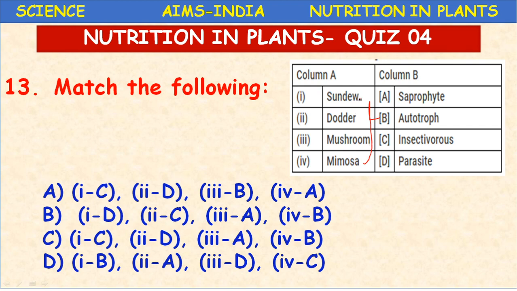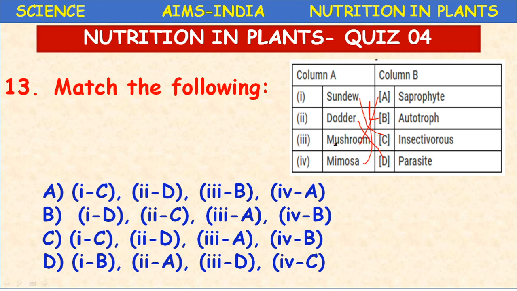Then what is a sundew plant? Sundew plant is an insectivore. Okay, dodder plant is a parasite. Okay, and mushroom is a saprophyte.